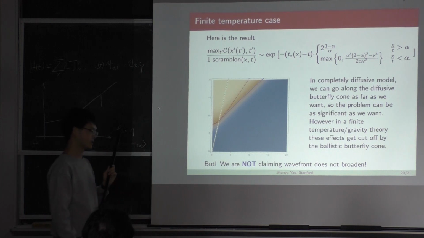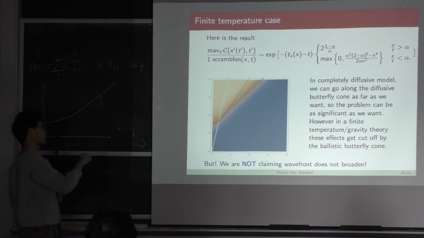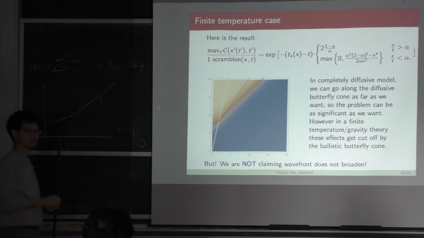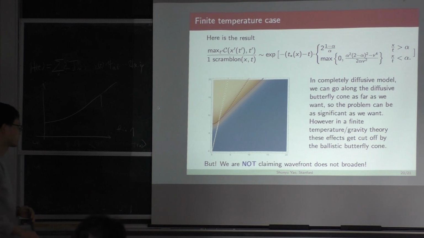So that means for the ballistic scrambling, instead of this region growing larger, it will be just some constant distance always along the ballistic butterfly cone. So in that sense, the effect that causes wavefront broadening in the diffusive model will not cause wavefront broadening in a ballistic model like gravity.